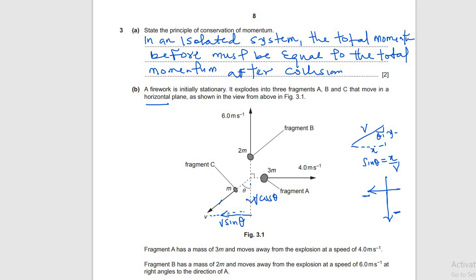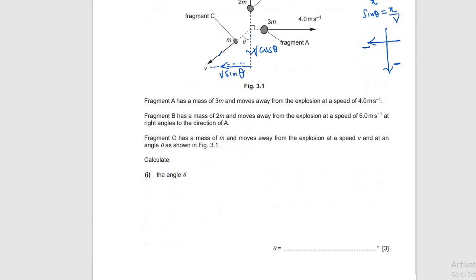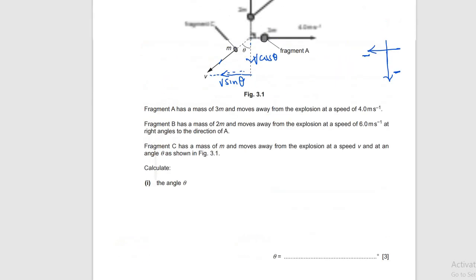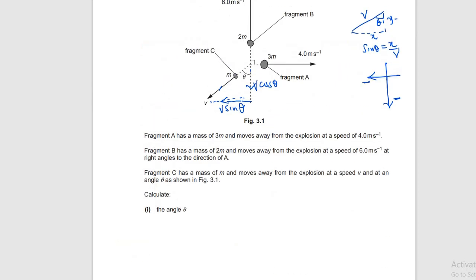A firework initially stationary. So before it was 0. So after is when they explode. So now the after collision is what we're going to do. We are going to resolve after collision into two segments, horizontal direction and vertical direction.